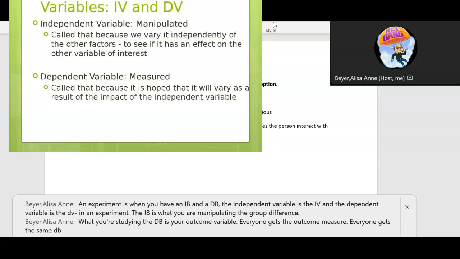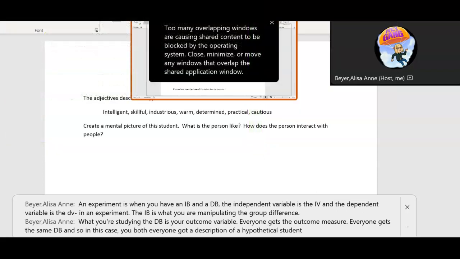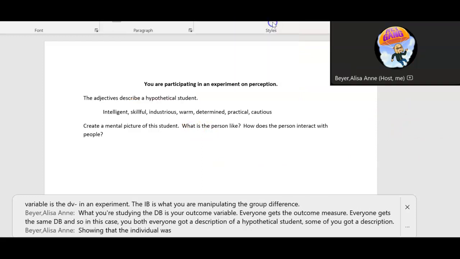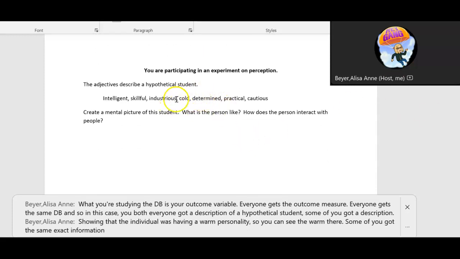And so in this case, everyone got a description of a hypothetical student. Some of you got a description showing that the individual was having a warm personality. So you can see the warm there. Some of you got the same exact information, but were given cold as the personality trait.